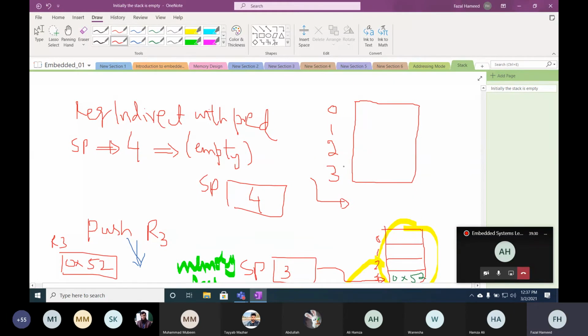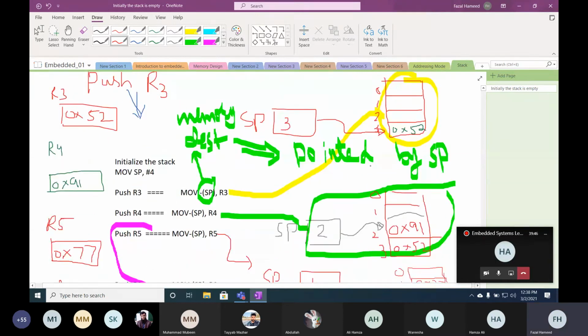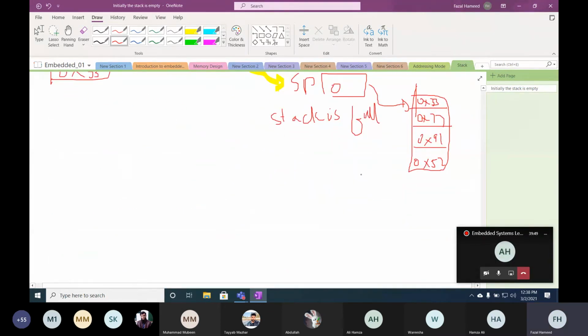I made a little mistake, but okay. I was only considering the stack pointer, sorry, the stack memory. I made a bad example, but I will now review it a little bit.